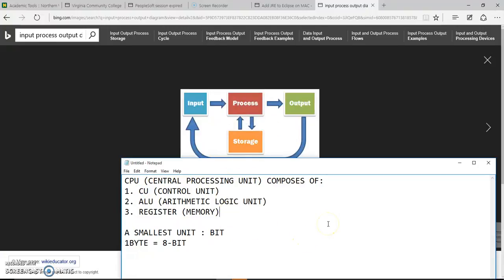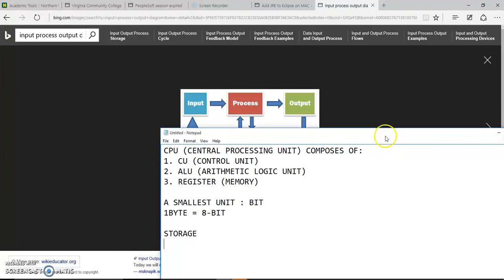Now when we talk about memory or storage here, there is primary storage, which we call memory, and also secondary storage.